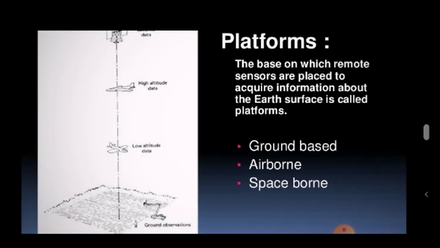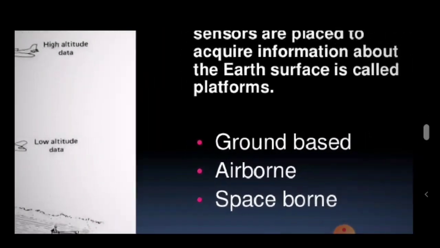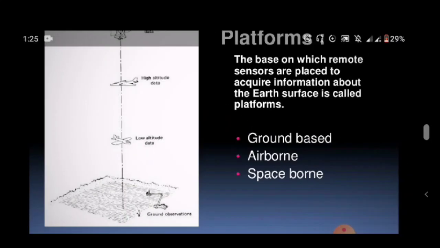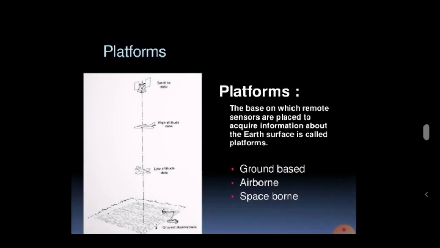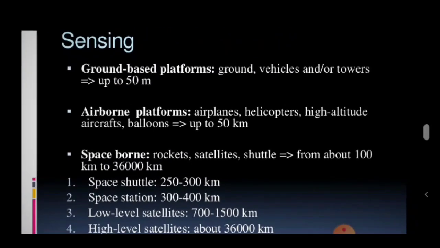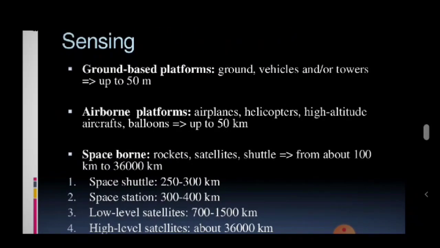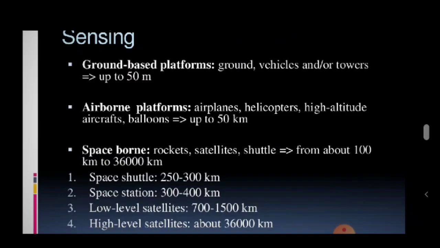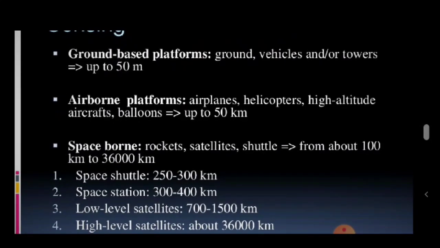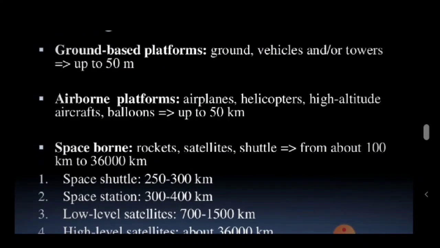So these platforms can be divided into three parts: ground-based, airborne, and spaceborne. Three categories, of course. Ground-based platforms, simply, we can say those are the platforms on the ground. They can be vehicles or stations. You may see in movies, wherever remote sensing happens, there's a tower, something called a station.